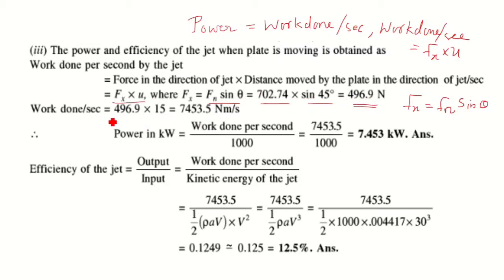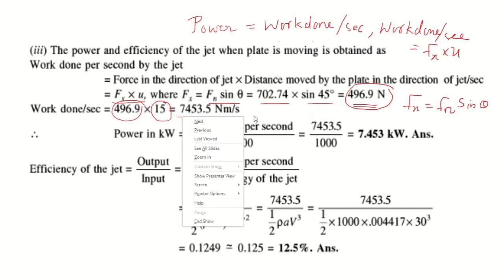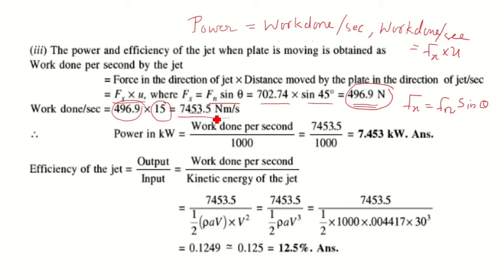So the work done per second is equal to F of x into u, where u is the velocity of the plate in the direction of the jet, and the power is equal to 7453.5 Newton meter per second.